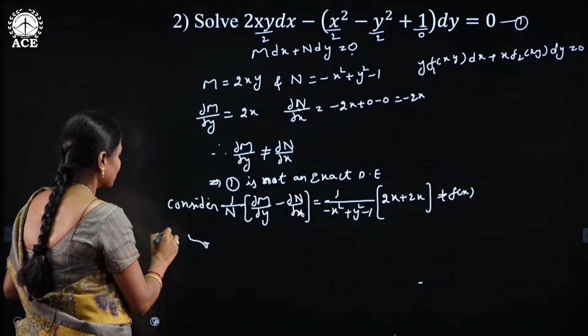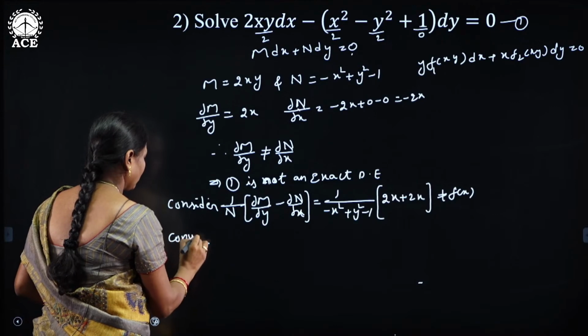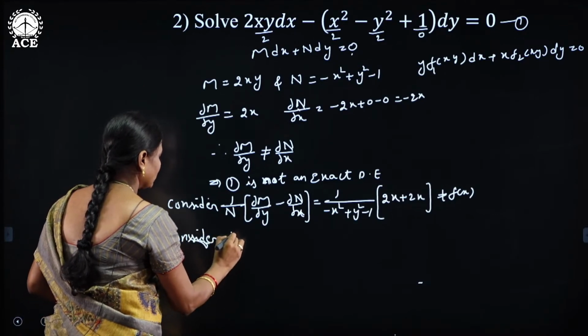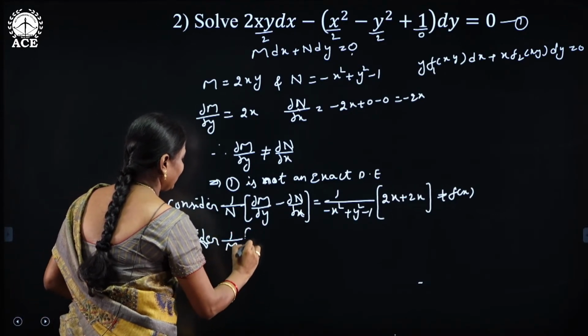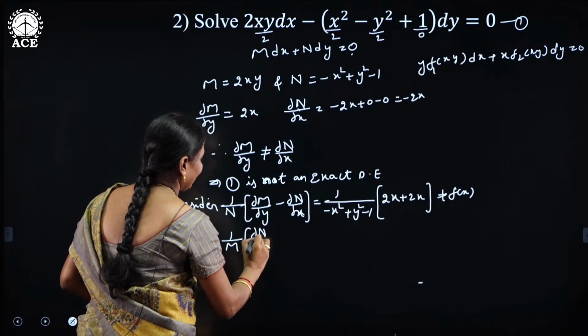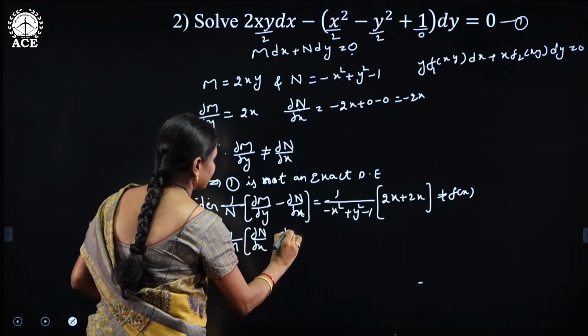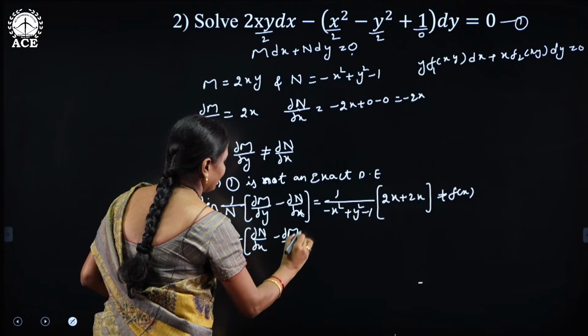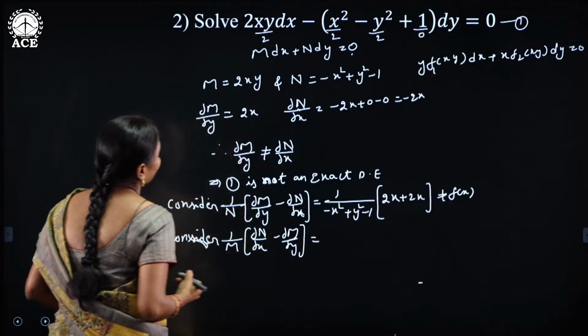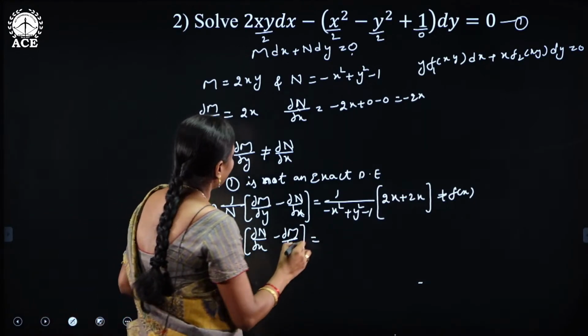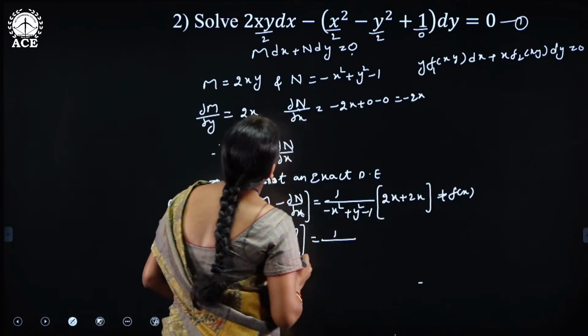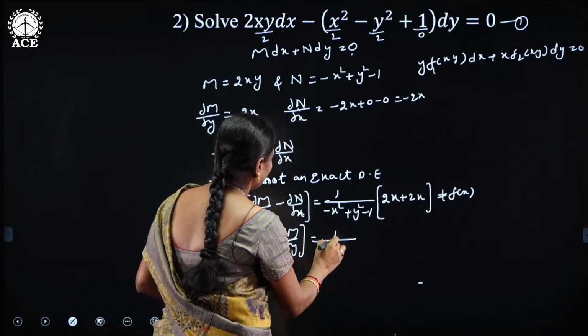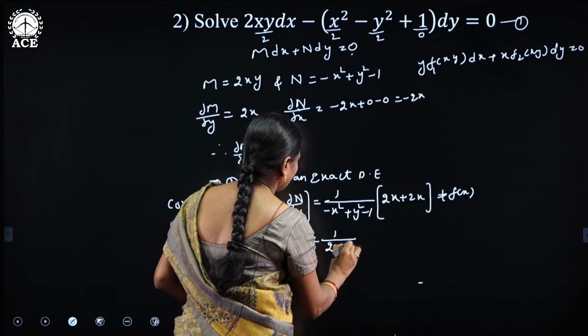So next, also consider 1 by M into dou N by dou x minus dou M by dou y. What is the M? M is equal to 2xy.